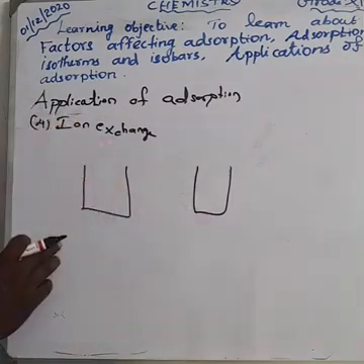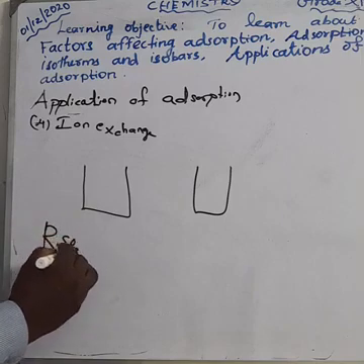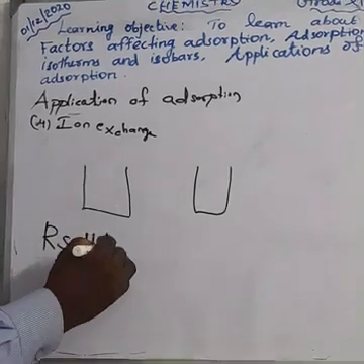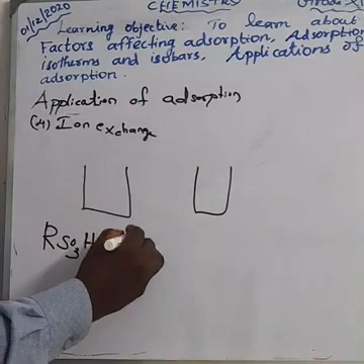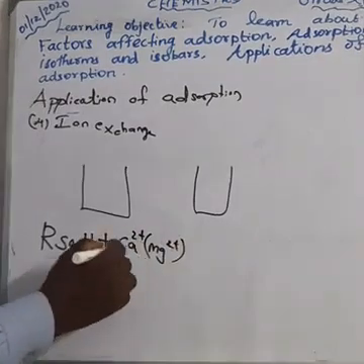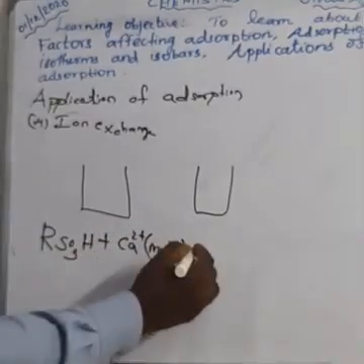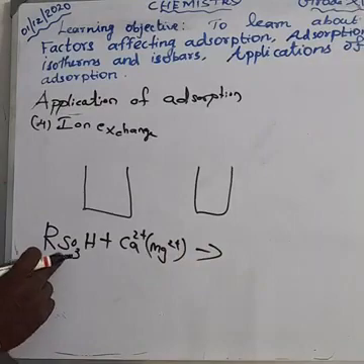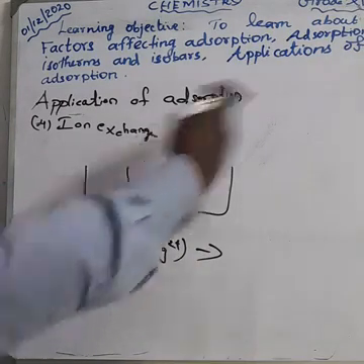First of all, we take the cationic resin, RSO3H. Here we take some cations, Ca2+ and Mg2+. What is the product here? R combines with SO3, and the H+ ion is leaving out.